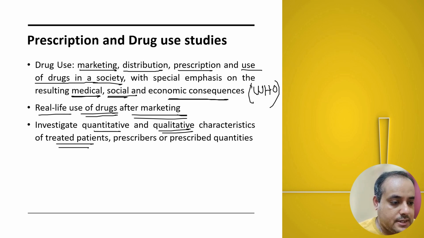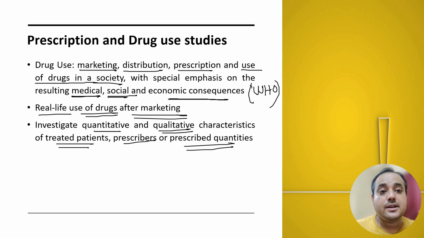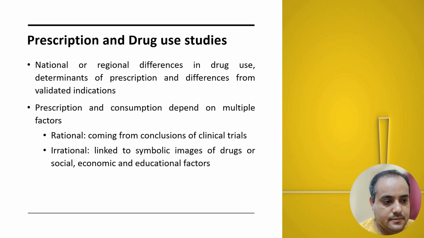Now what are the prescribers or even the prescribed quantities, what is the quantity in which the drug is actually being prescribed. Even the prescription and the drug use study also look into the national or the regional differences in drug use.